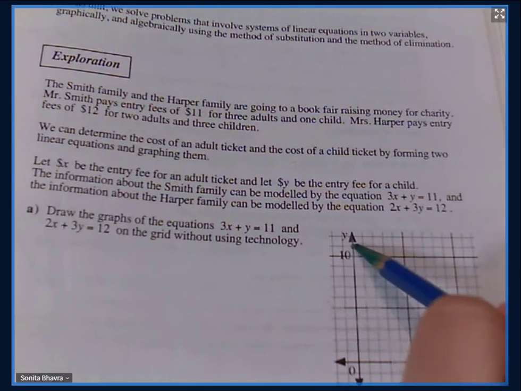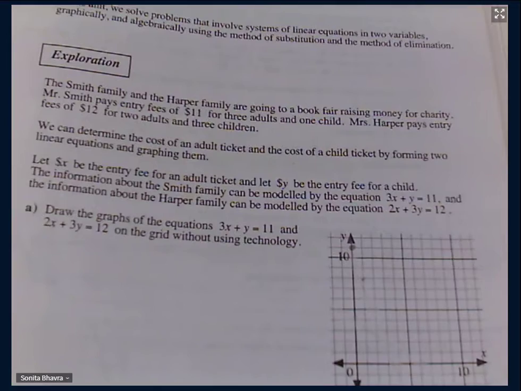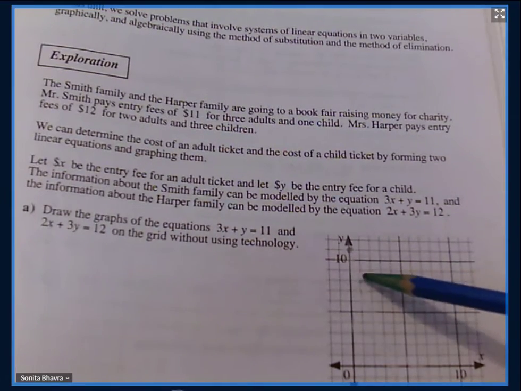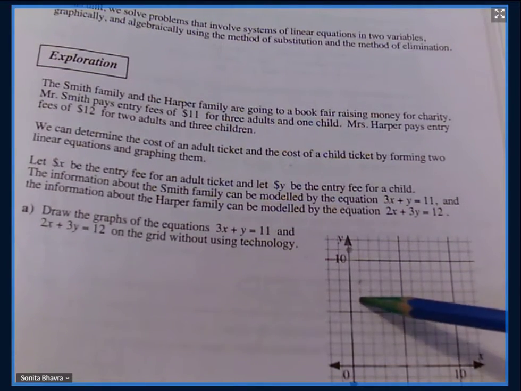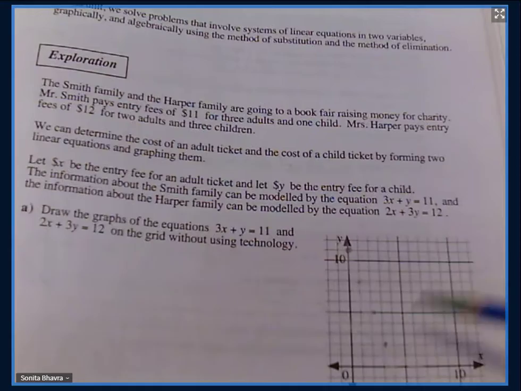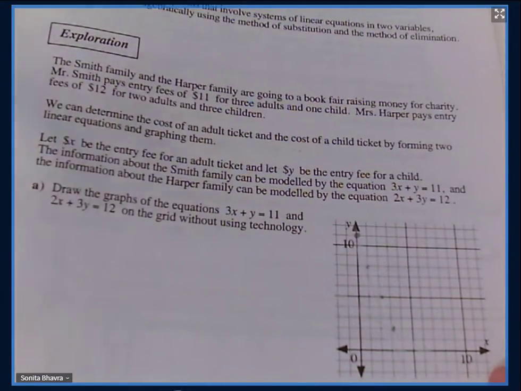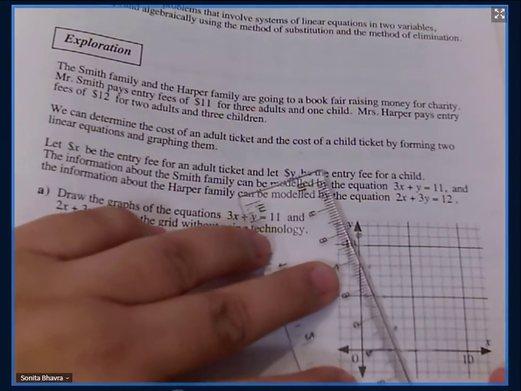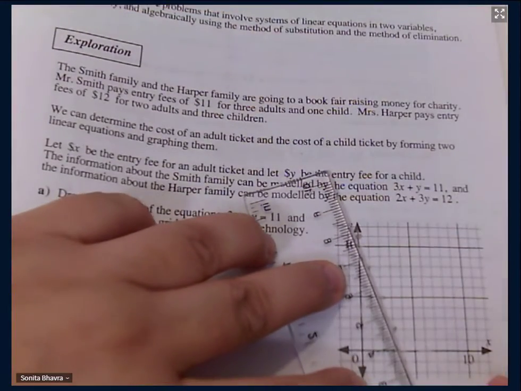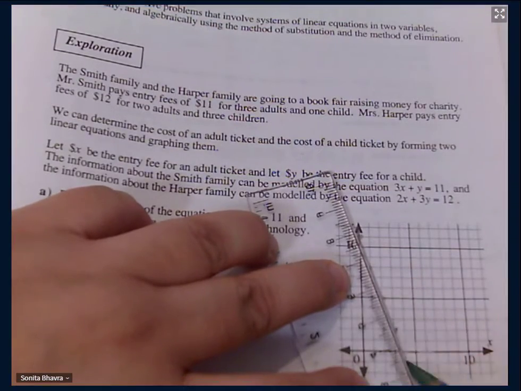So down 3, over 1, down 3, over 1. I've got my points there, and then I can connect my points like that.